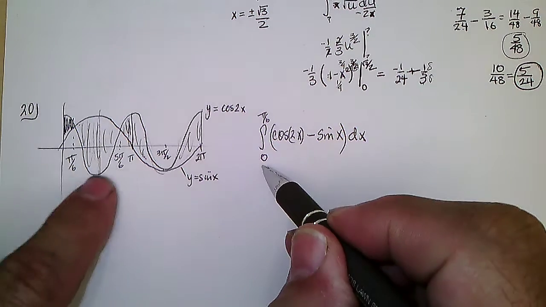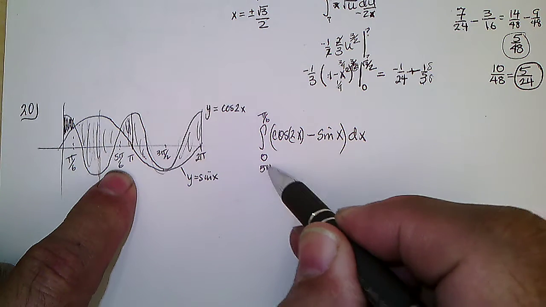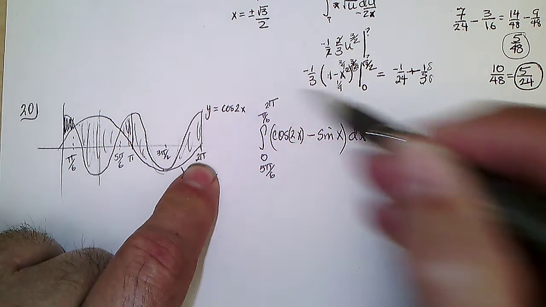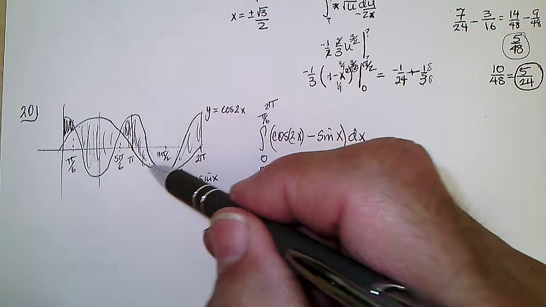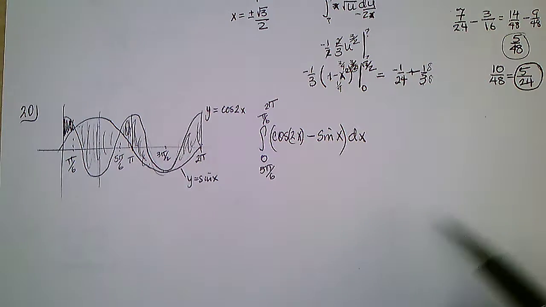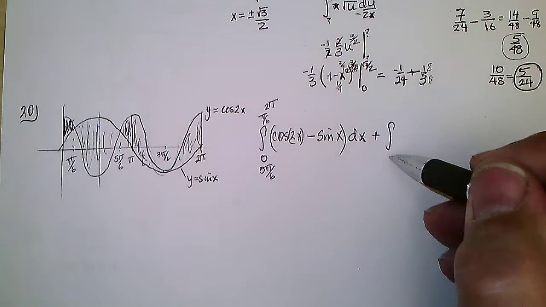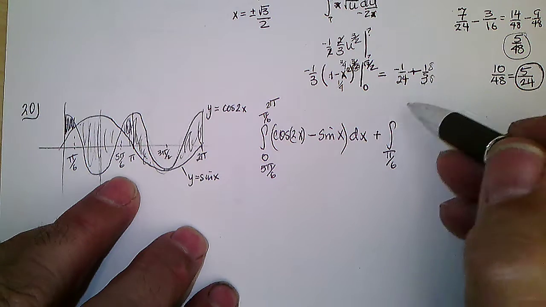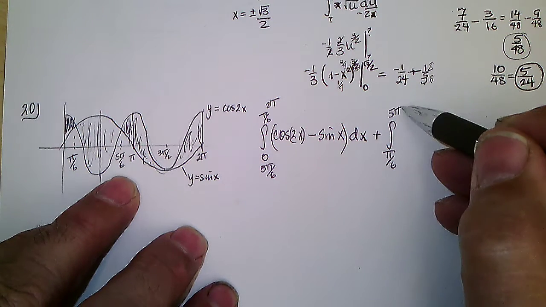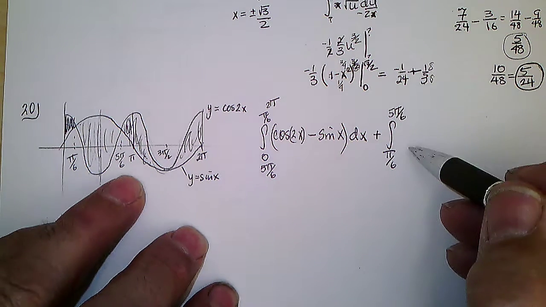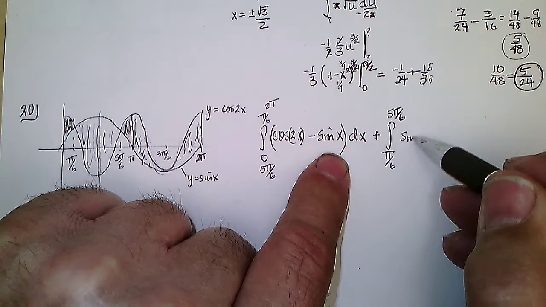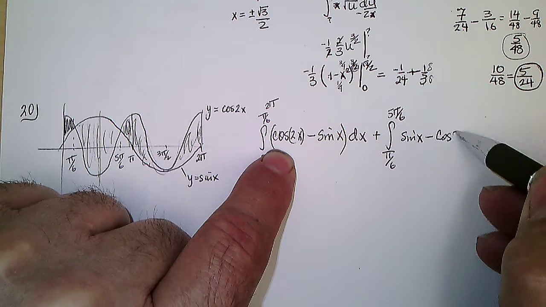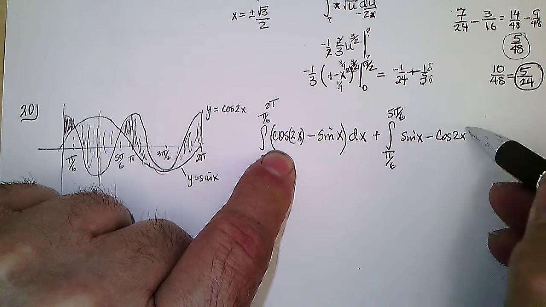And then I'll integrate it again from 5 pi over 6 clear out to 2 pi to get this area. And then I need to do also an integral from pi over 6 to 5 pi over 6 of the reverse of this, sine x minus cosine 2x dx.